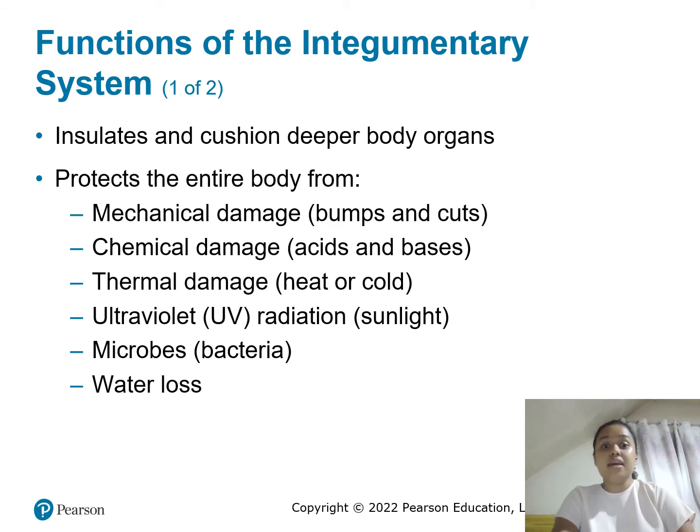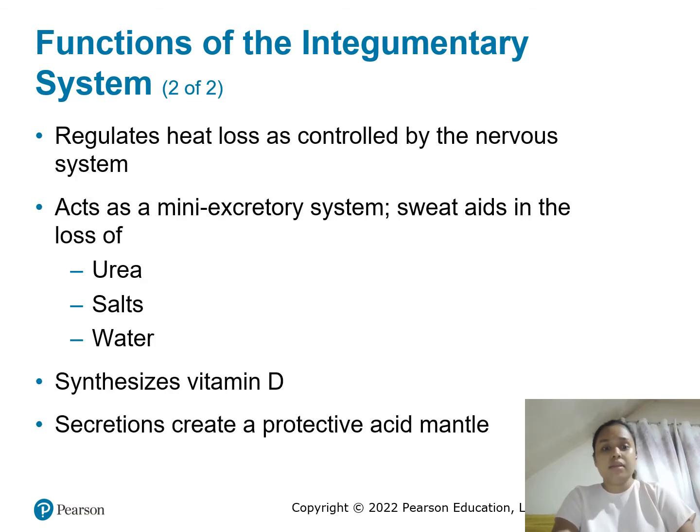It insulates and cushions deeper body organs, obviously, and mostly serves as protection from mechanical damage, such as bumping, cutting yourselves, chemical damage, acids and bases, from heat or cold, UV, bacteria, and most of all, water loss. Okay, the skin also regulates heat loss with the assistance, of course, of the nervous system.